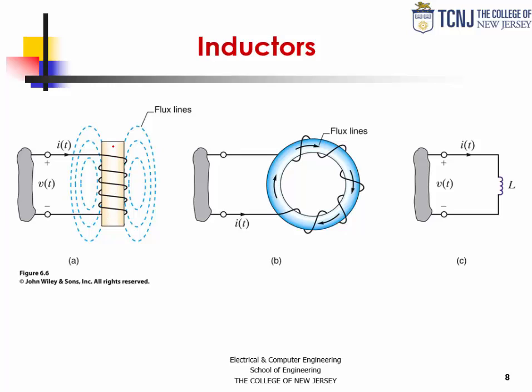So this would be a linear type inductor. This would be a toroidal type inductor. And we're going to have magnetic flux lines that flow through that core, whether it is this way in the linear core or inside the donut-shaped core in the toroidal type of inductor.